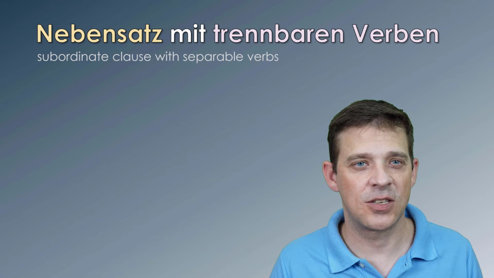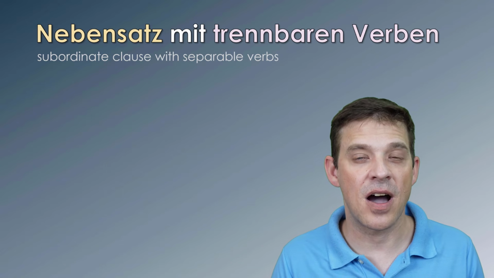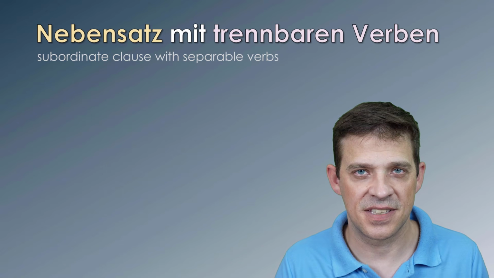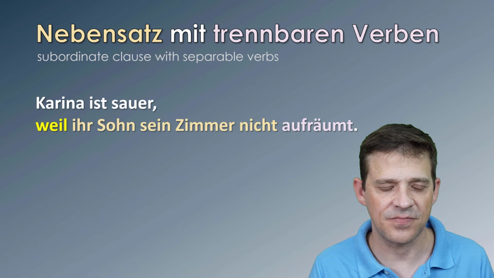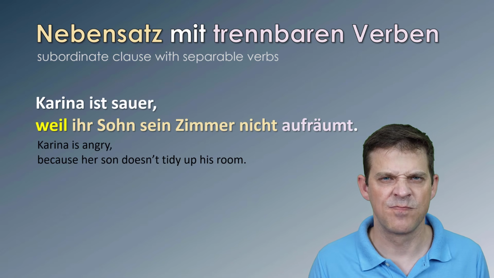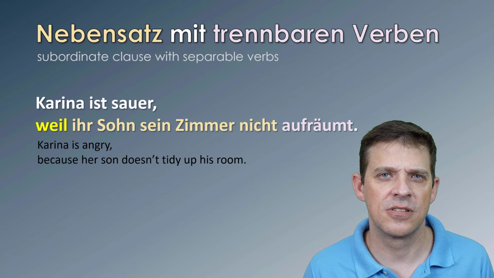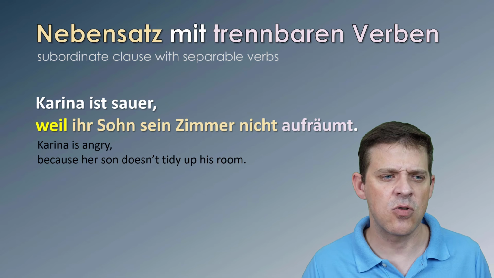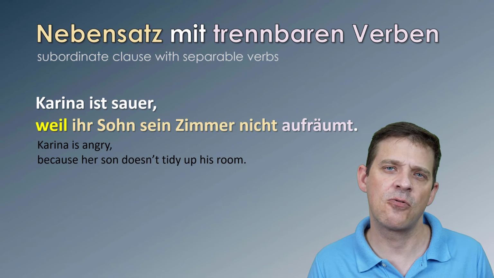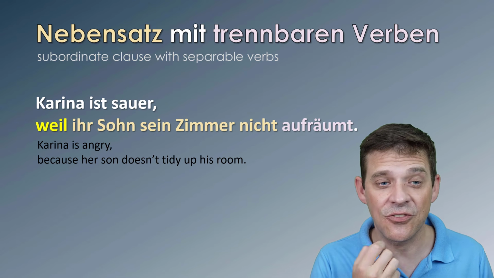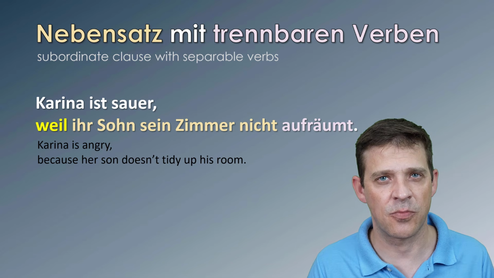Und die letzte Situation, Nebensatz mit trennbaren Verben, separable verbs. Carina ist sauer, weil ihr Sohn sein Zimmer nicht aufräumt. And Carina is angry because her son is not tidying up his room.